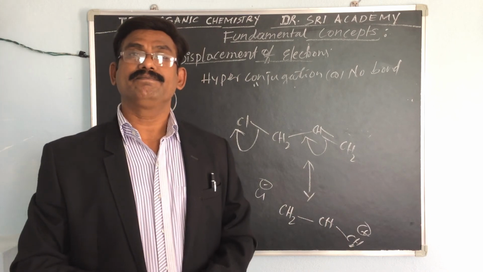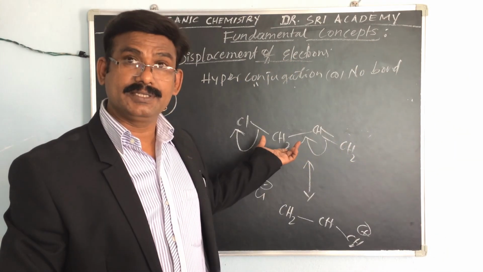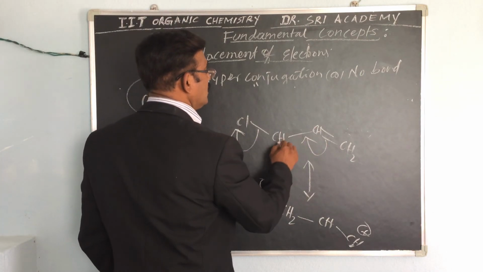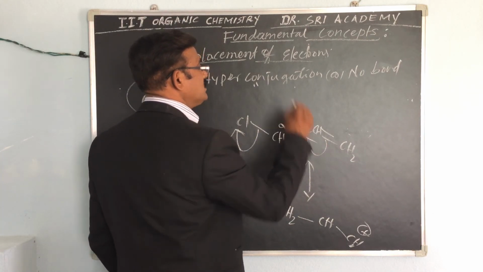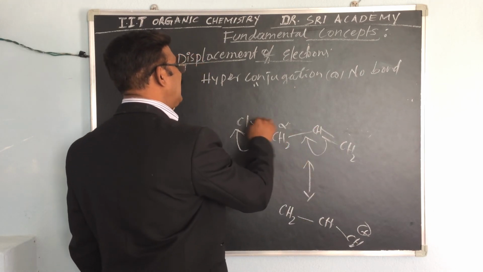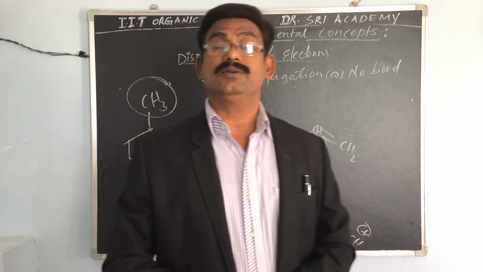This will happen. This is called reverse hyperconjugation. This is the alpha haloalkane, alpha position. Alkenes with alpha haloalkanes, that is where reverse hyperconjugation occurs.